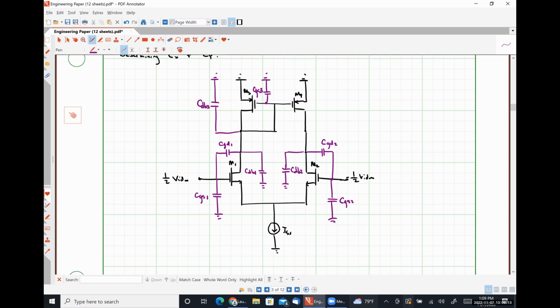Now we deal with transistor M4. So here we have CGS4, CGD4, and CDB4.